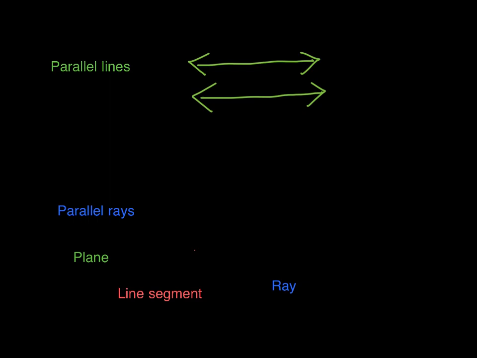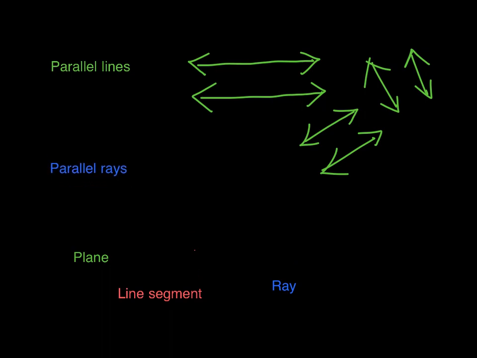That's why they're parallel. So they could go this direction, this direction, this direction, or this direction. Just as long as they are never going to cross, they would be considered parallel.